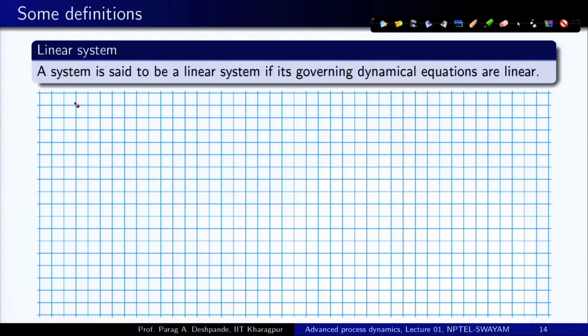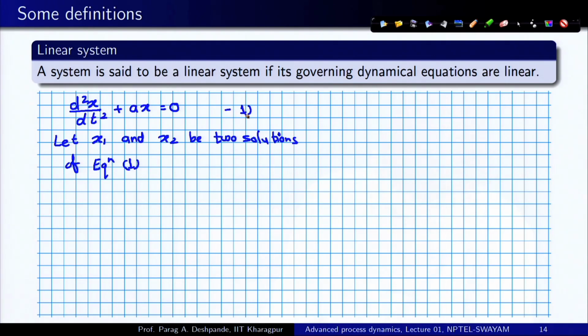I have d 2 x by d t squared plus a times x is equal to 0. Now, I need to verify whether the principles of linearity hold true. So, I say that let x 1 and x 2 be two solutions of equation 1.